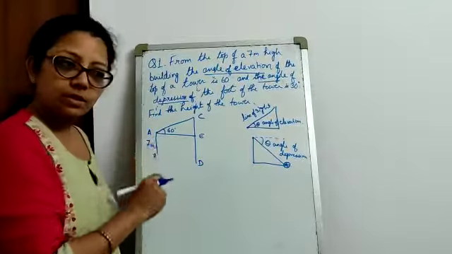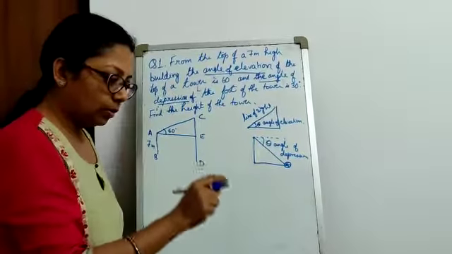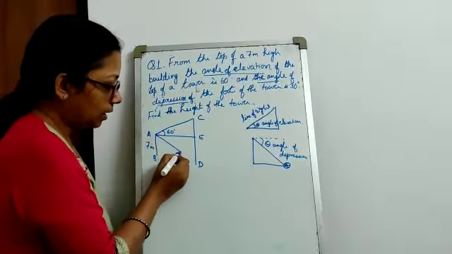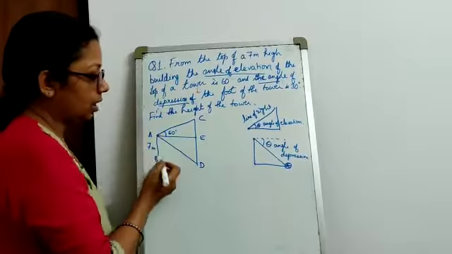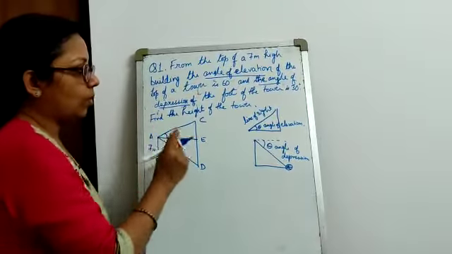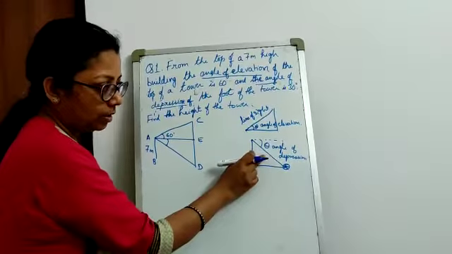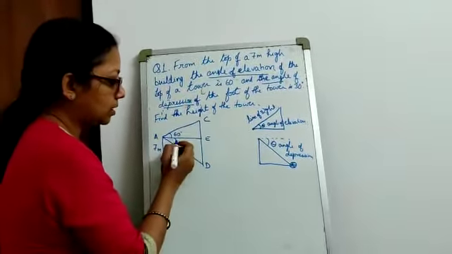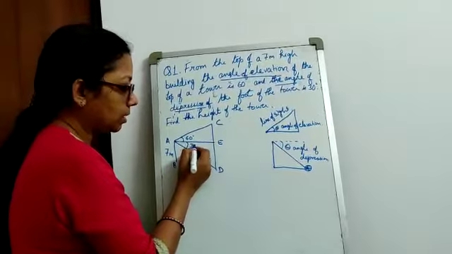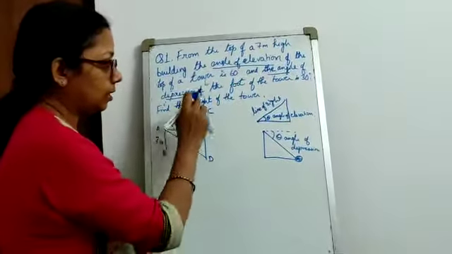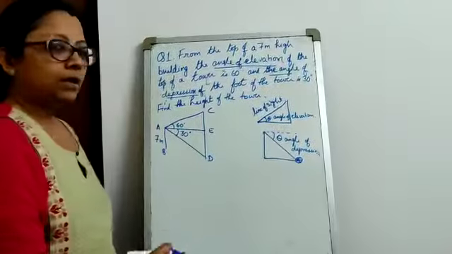The foot of the tower is below, and I will be looking down. So from here I look down at the foot of the tower, and this angle formed is the angle of depression, which is 30 degree.